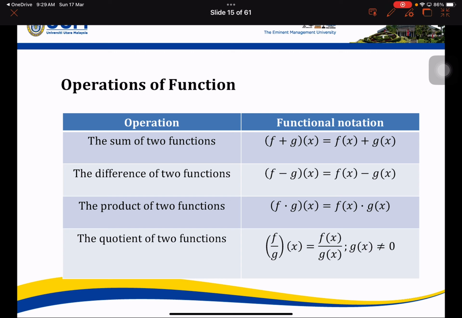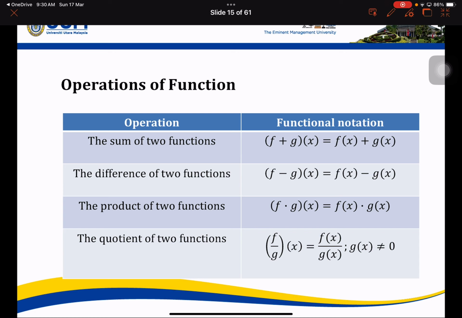This one is wrong. Why? Probably because, let's say we have negative x squared plus 12x minus 38 equals 0. Because it equals 0, then we can change the sign. But for f(x), we don't know our f(x).